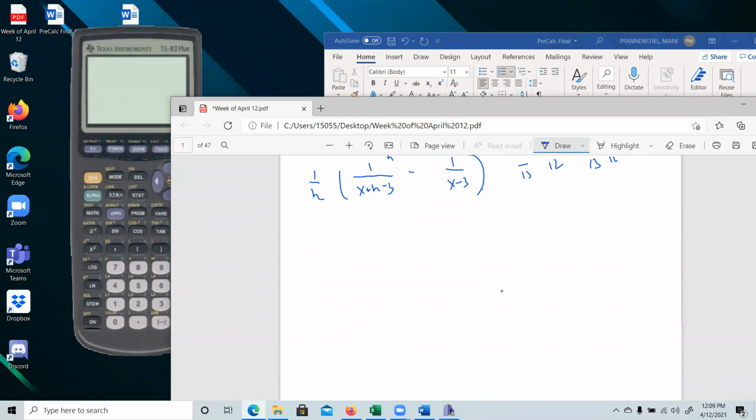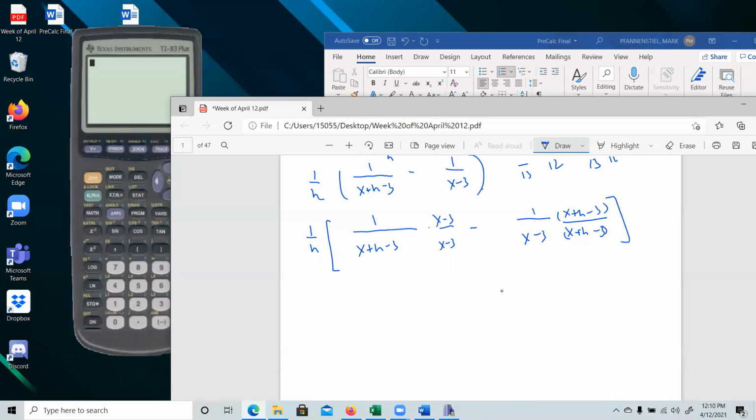We're going to find a common denominator here. So we're going to have 1 over h, times 1 over x plus h minus 3 times x minus 3, over x minus 3, minus 1 over x minus 3, and this is x minus x plus h minus 3, x plus h minus 3.